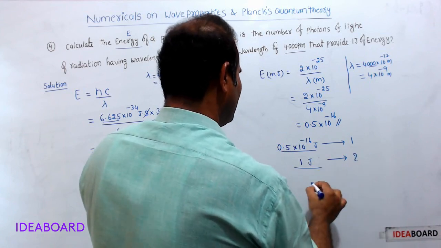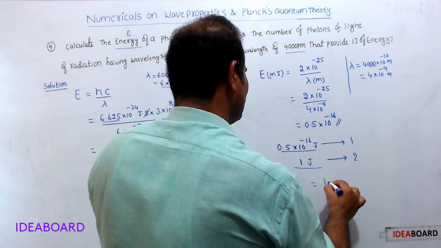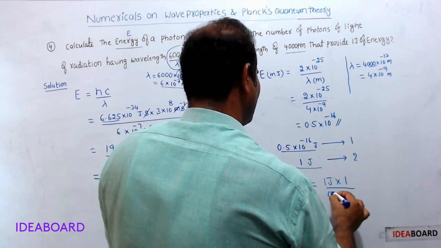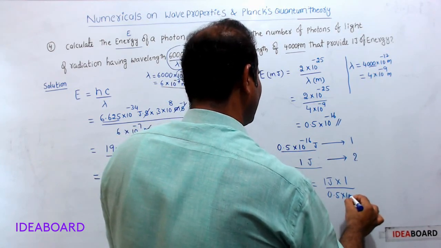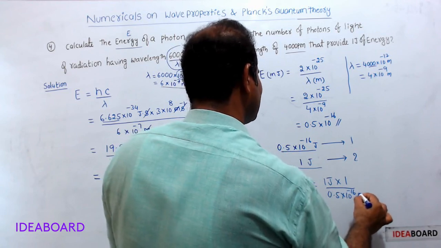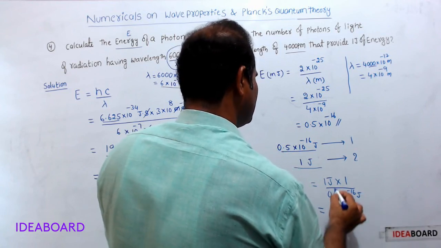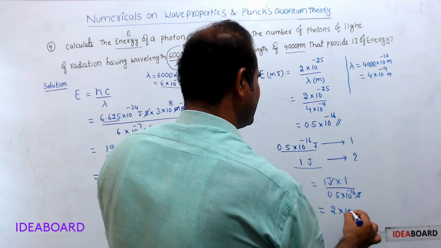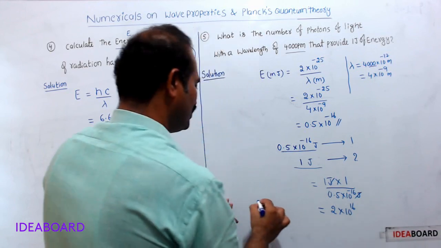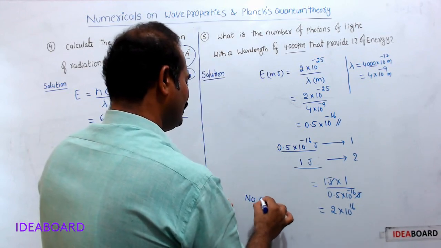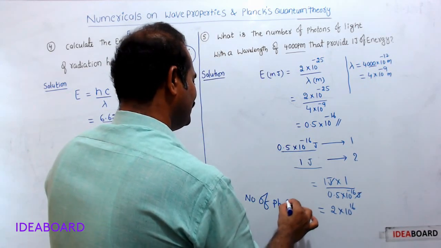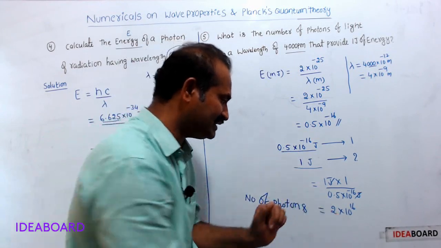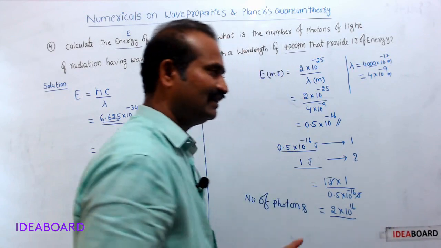Therefore, 1 joule divided by 0.5 into 10 power minus 16 joules. Joule cancels, 1 by 0.5 means 2, and 1 by 10 power minus 16 means 10 power 16. This is the number of photons. So the number of photons corresponding to 1 joule of energy is 2 into 10 power 16.